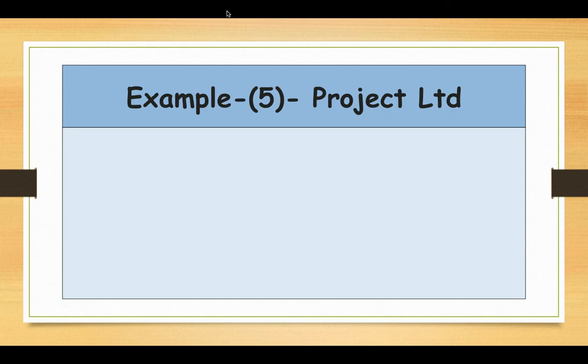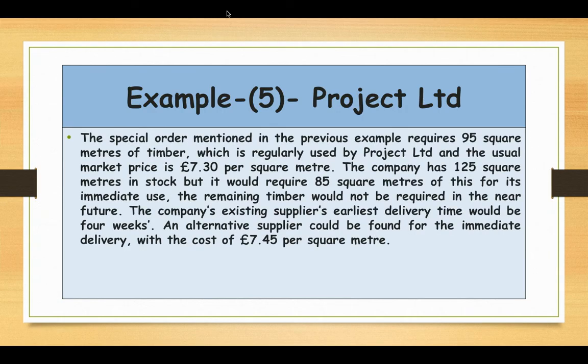We are going to look at one final example under relevant cost of material. So we'll look at the question. The special order mentioned in the previous example requires 95 square meters of timber, which is regularly used by Project Limited. And the usual market price is £7.30 per square meter.